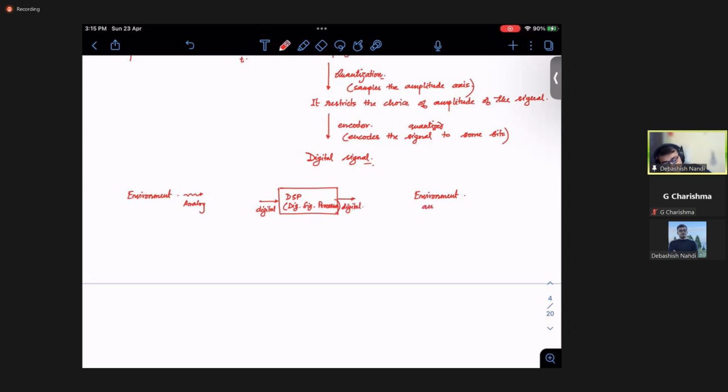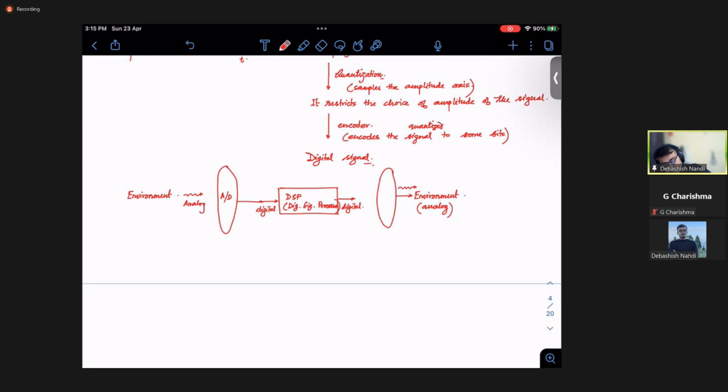So again, at the output you have an analog signal in the environment. So there is a need for conversion of this analog signal to digital, and again this digital signal back to analog.